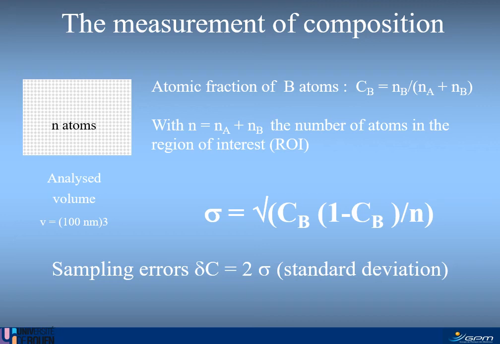This is the standard deviation, and this is the square root of this expression. And the sampling error, due to statistics, is simply equal to 2 times the standard deviation.